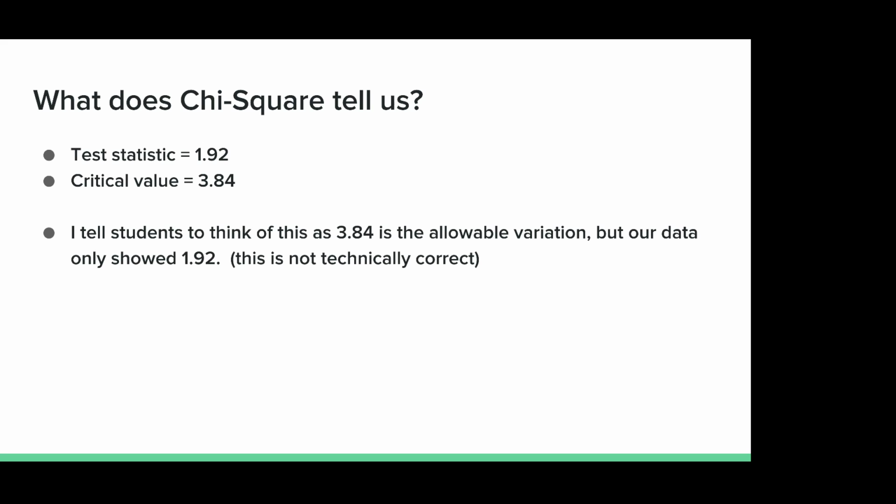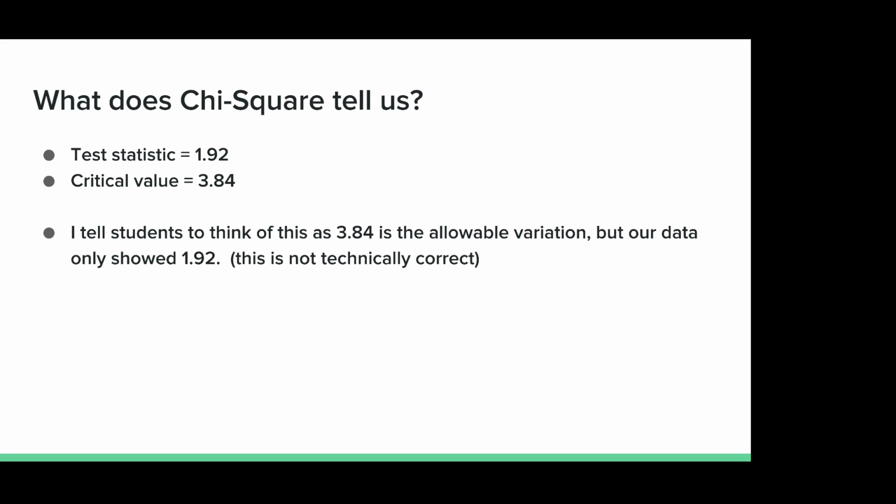But your data only showed 1.92. So if your data only showed 1.92 and you allow for up to 3.84 units of variation, well, your data showed less variation than the critical amount. If your data shows less variation than that cutoff amount, well, then your data is consistent with your expectations.